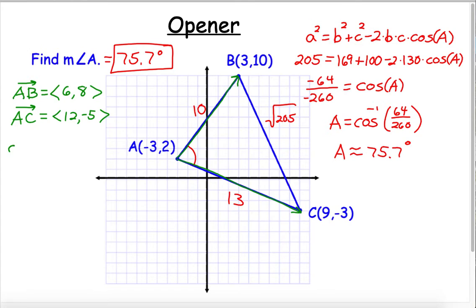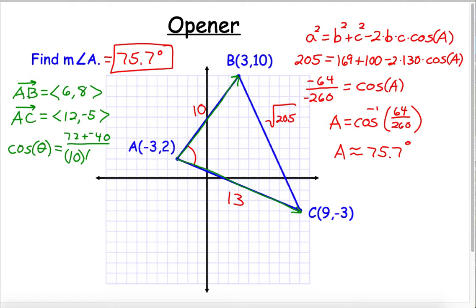All right, so we know that the cosine of the angle between them is equal to the dot product. How do we do that? We multiply 6 times 12 plus 8 times negative 5 all over the magnitude of AB. Well, we already know that. If we didn't calculate that earlier, we have 6 squared plus 8 squared in the square root. So we get 10 for that.